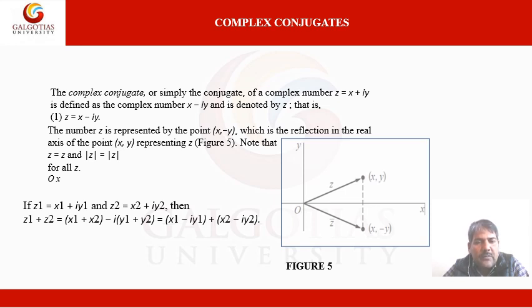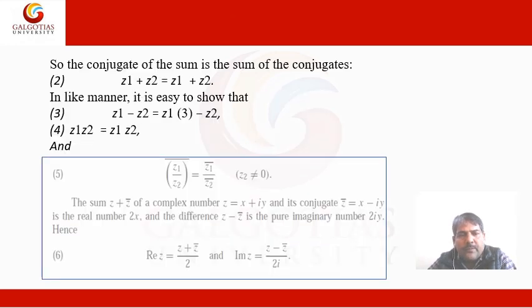Note that z double bar is equal to z and mod of z bar is equal to mod of z for all z. If z1 is equal to x1 plus iy1 and z2 is equal to x2 plus iy2, then the conjugate of z1 plus z2 is equal to x1 plus x2 minus i times y1 plus y2, which is equal to x1 minus iy1 plus x2 minus iy2. So the conjugate of the sum is the sum of conjugates. So the conjugate of z1 plus z2 is equal to z1 bar plus z2 bar.